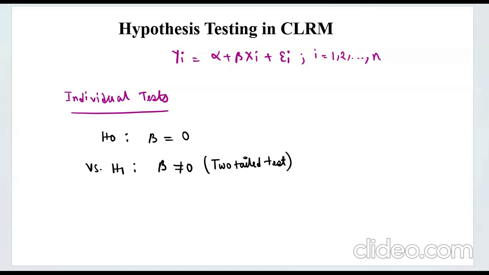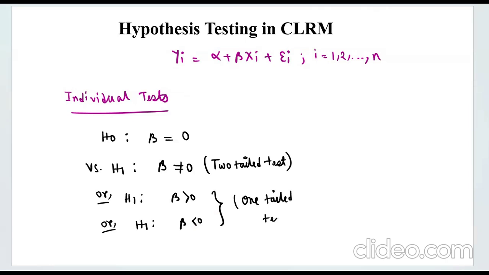But you can also define it in this way: H1 is beta greater than 0. Or you can define it in this following way: H1 is beta less than 0. These two tests are known as one-tailed tests, right? So these are the individual tests for the slope parameter beta. This is the slope parameter.